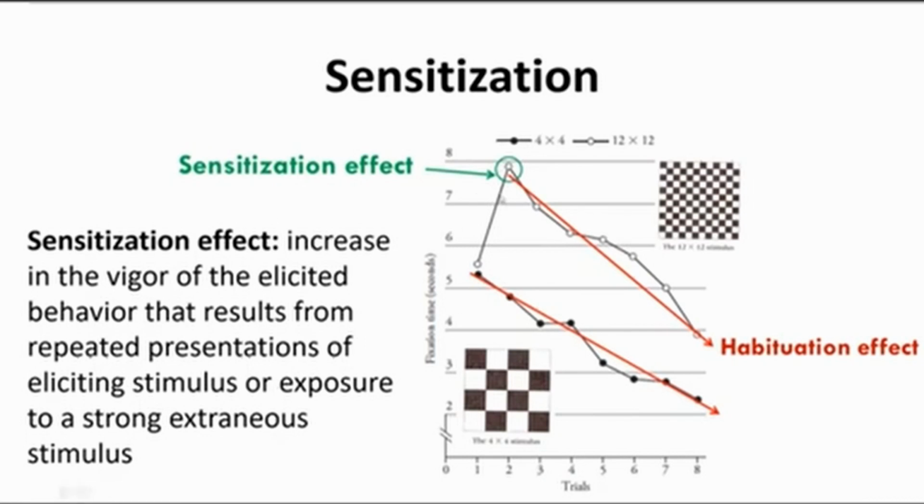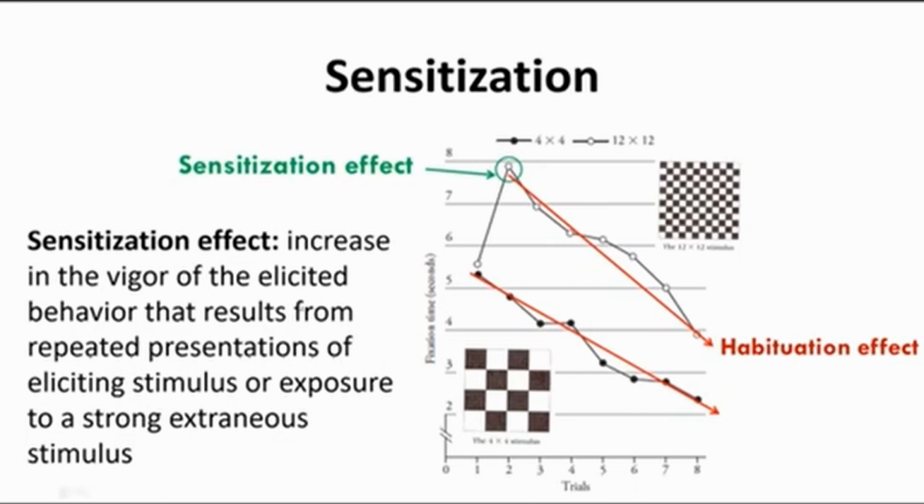Now, when we initially mentioned this as a sensitization effect, we didn't really give it an official definition. So we're going to do that here. We can say that a sensitization effect is an increase in the vigor of the elicited behavior that results from either repeated presentations of the eliciting stimulus or exposure to a strong extraneous stimulus. Lots of S's today.